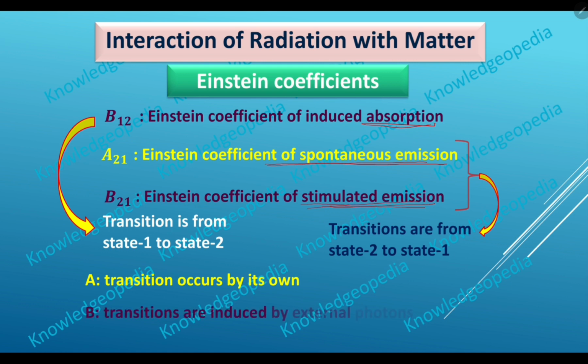So the letter B is used when the transitions are induced by external radiation photons. So these are the notations used by Einstein to define the three rates for three different processes which occur whenever radiation interacts with matter. Today we will stop here. In the next class we will derive some equations which relate all these three Einstein coefficients.